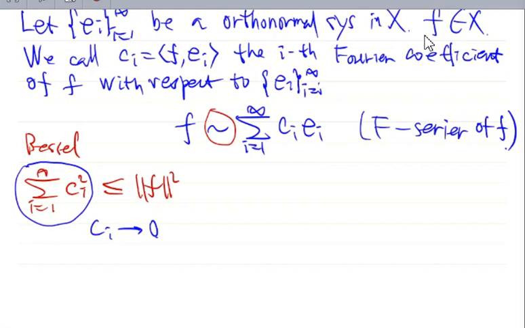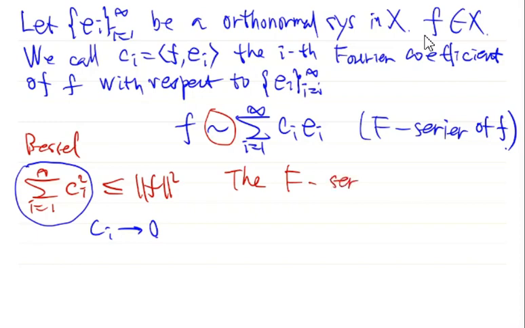We also emphasize that the Fourier series need not converge. If it converges, it might converge to points other than f. Even if it converges, the sum might not be f.